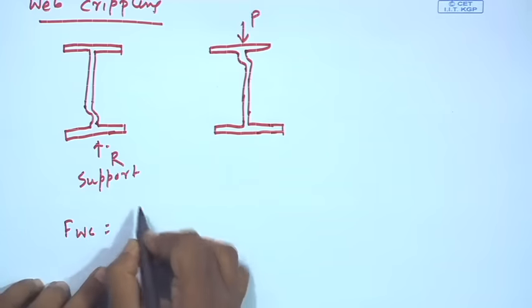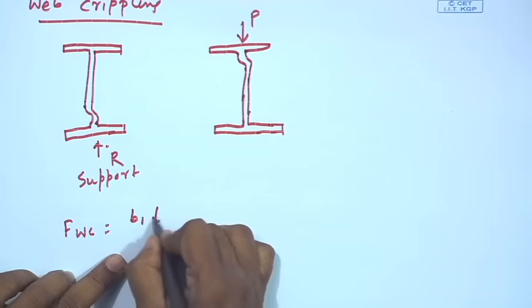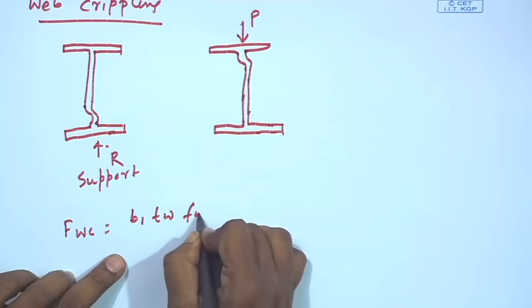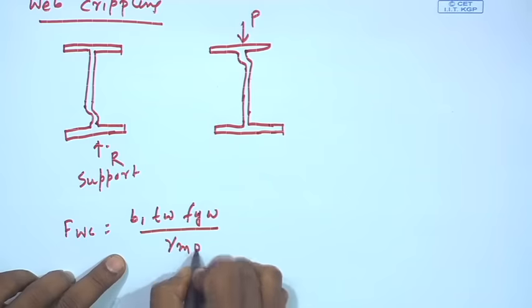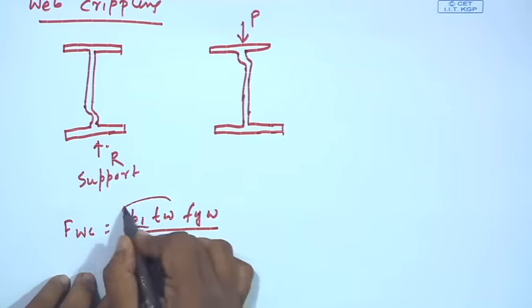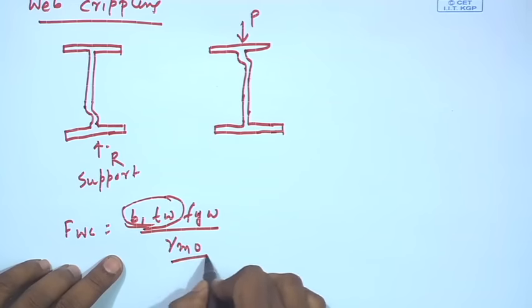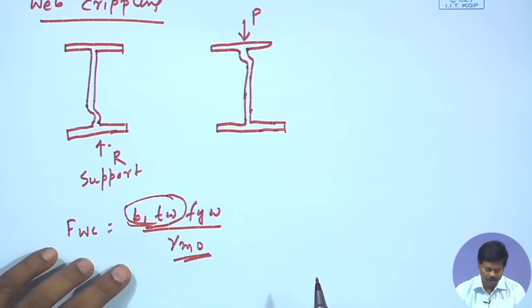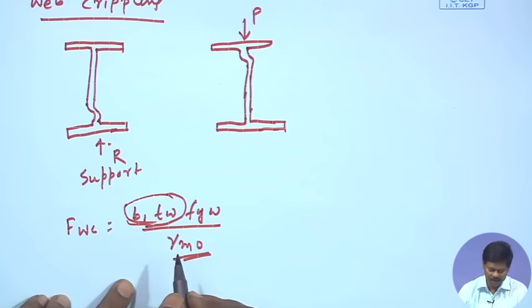Fwc is basically b1 into tw into fyw by gamma m0, right. So, b1 into tw is the area, and fyw is the yield strength of the web. So, what is this b1? b1 is the bearing length.